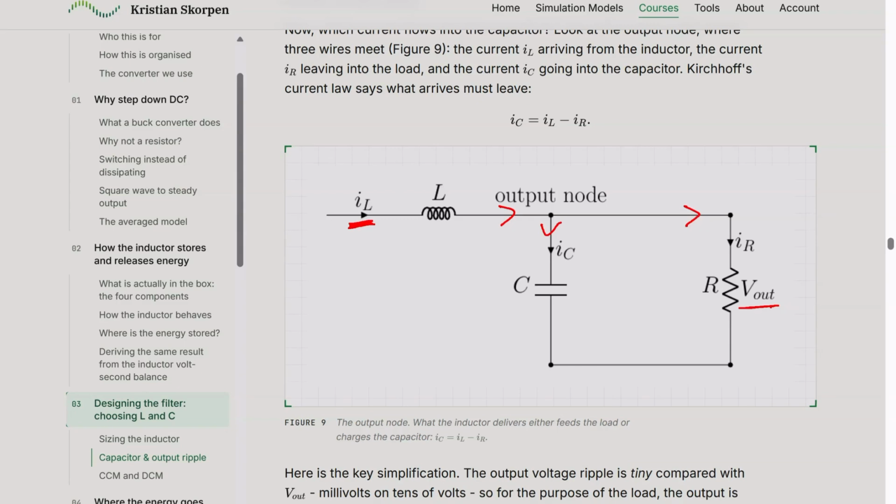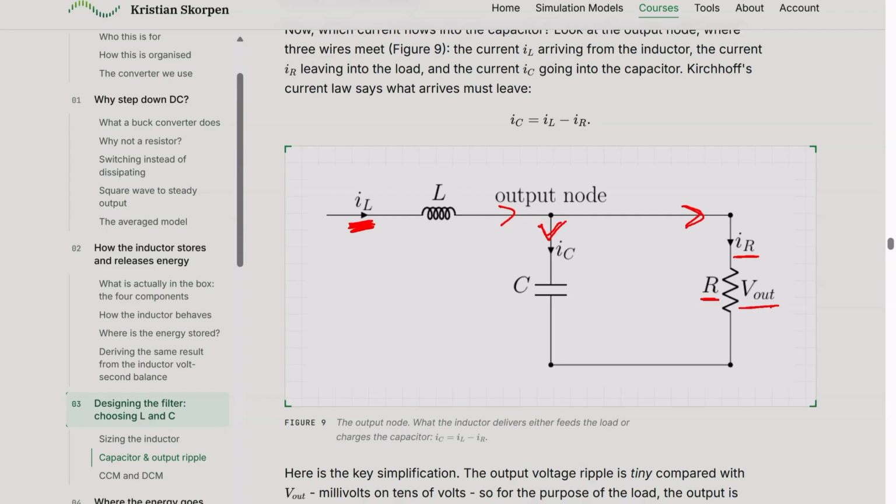Then we know that the current is constant because the current is basically the voltage divided by the resistor. And the resistor is also constant, so this means that the current is also constant. So that means that the average of the current coming from the buck converter goes to the load, while all of the ripple goes to the capacitor.